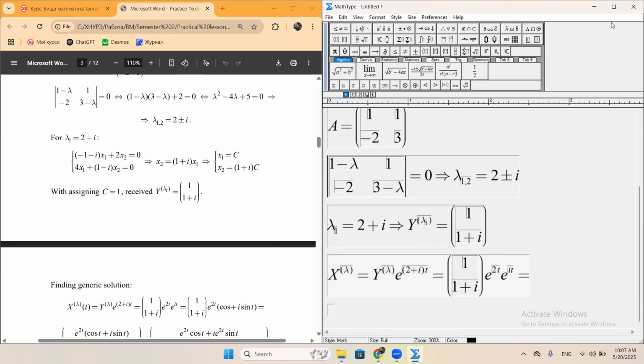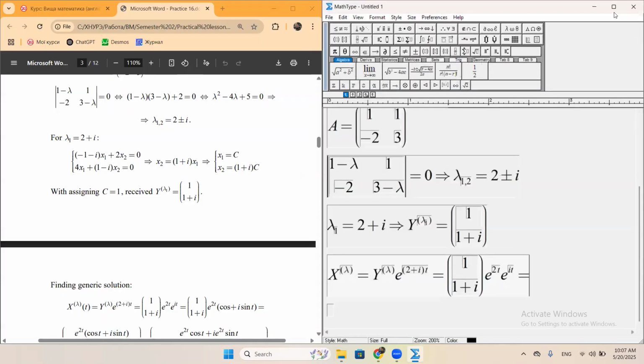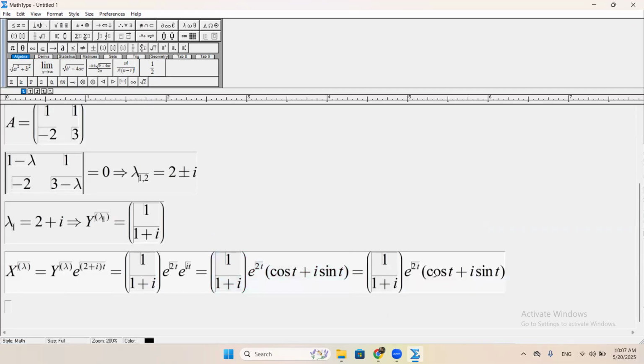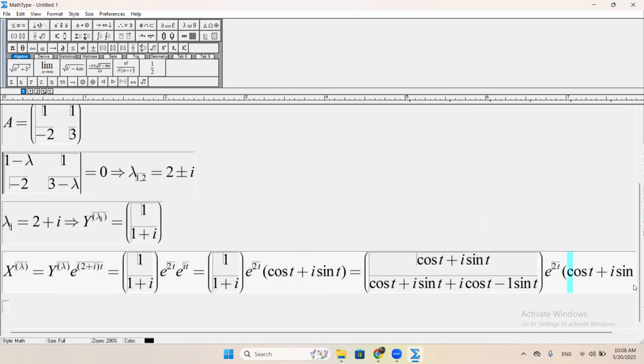Then I will rewrite it as cosine of t and sine of t, the trigonometric form: cosine of t plus i sine of t. Then multiplying by this expression and moving here, I will receive this, plus i (cosine of t minus sine of t), and e in power of 2t.